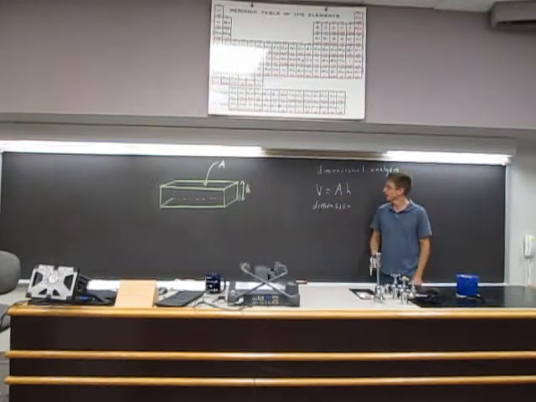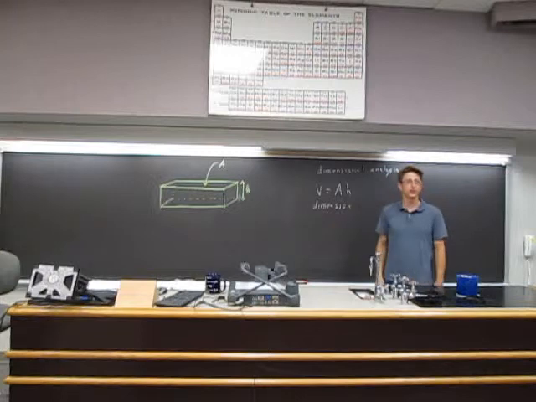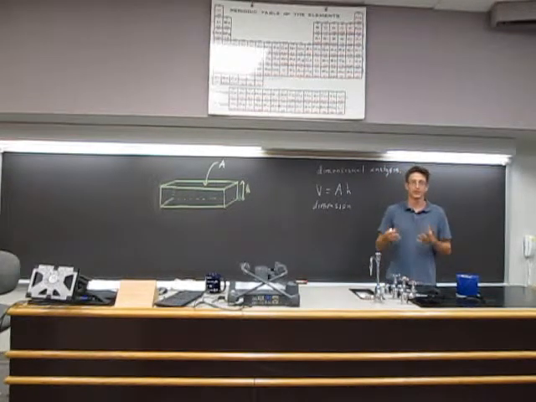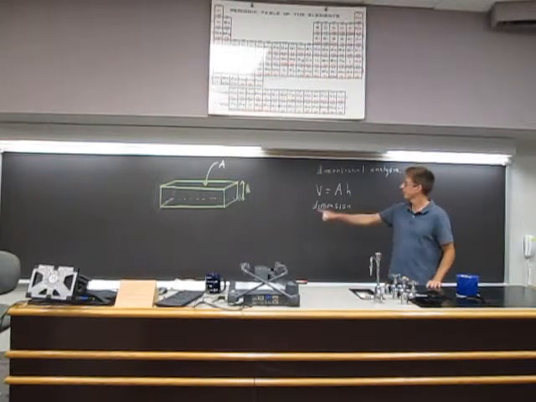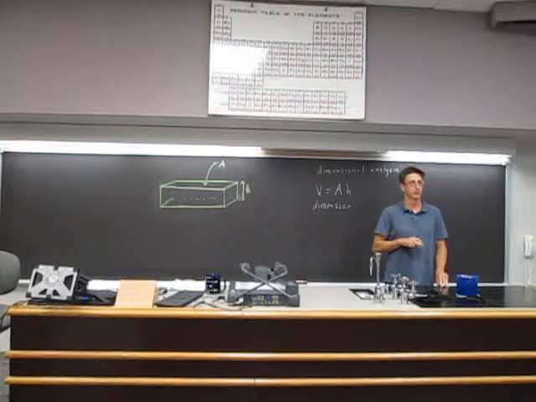So I could write it in inches cubed, cubic inches. I could write it in centimeters cubed, cubic centimeters, cubic meters, cubic miles, cubic light years. Any of those units I could use to describe the volume of this parallelepiped.